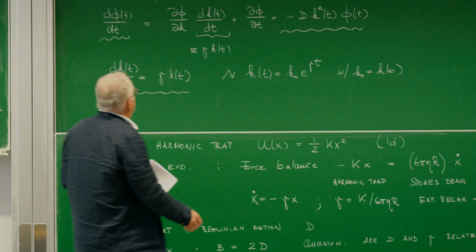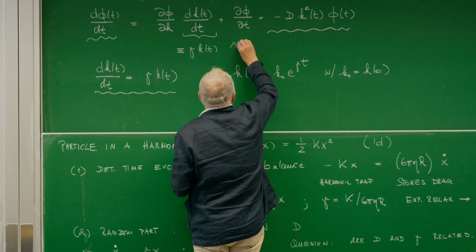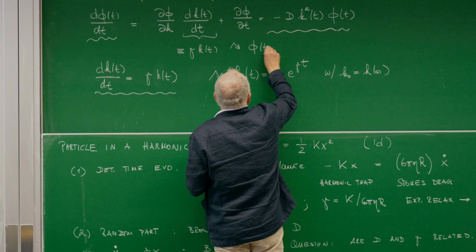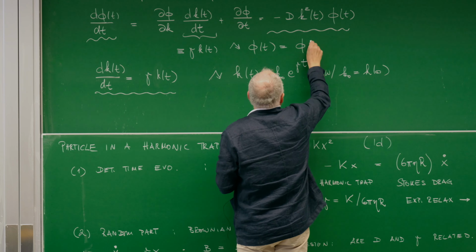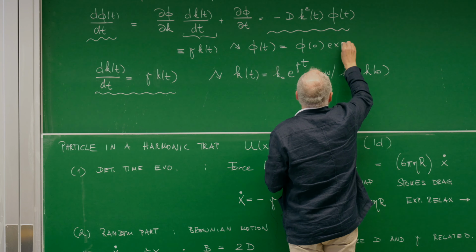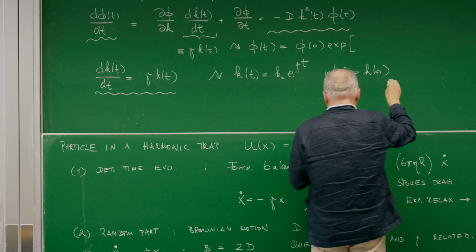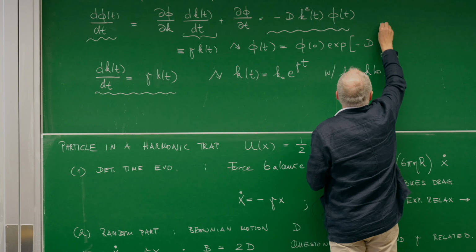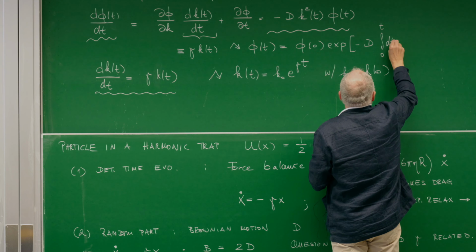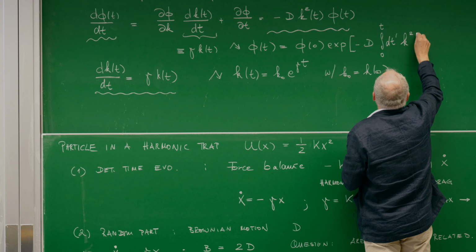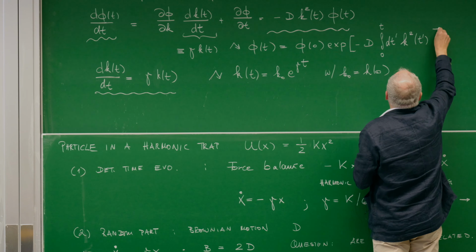I can also solve the first one, this φ of t. Here is the initial condition, φ of 0. And again, this is just an exponential, but I now need to integrate. This is minus D, integral from 0 to t over some time t prime, k squared of t prime.